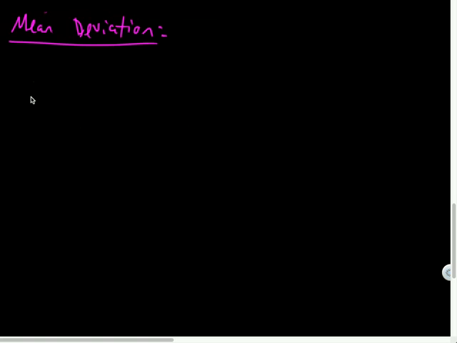So mean deviation, in this case, is going to be described as the average distance that any point is from the mean. Let's write that down. It is the average distance that the data is from the mean.